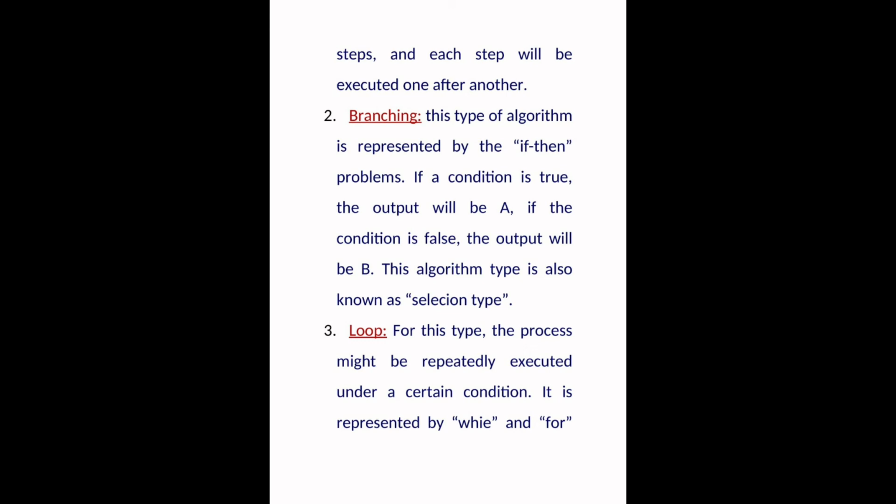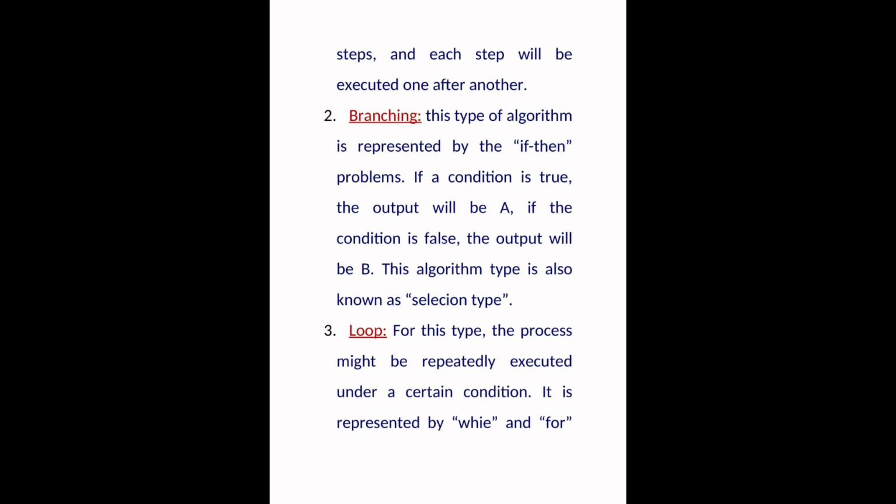If-then is a logic. In if-then logic, there is a condition. If the condition is true, the output will be A. If the condition is false, the output will be B. This is the logic of an if-then problem. The output is like that.